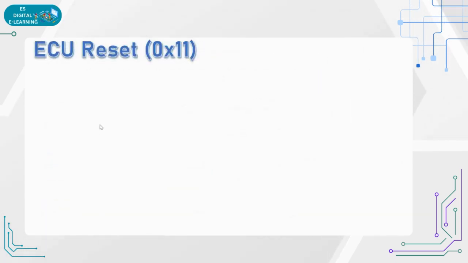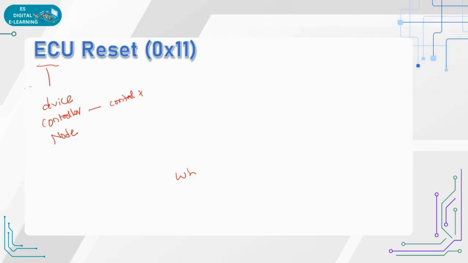Next, you can write down another service ID, ECU reset. So why do we need to use the ECU reset? ECU means, here, a device or controller or node. When we call it a controller, it is specifically for controlling the information, controlling the inputs and outputs.